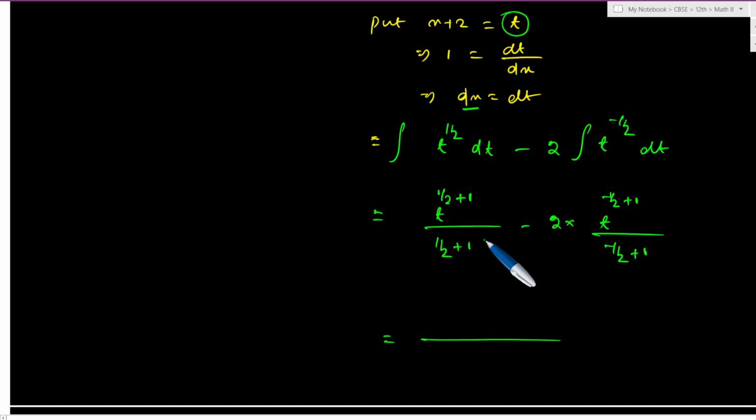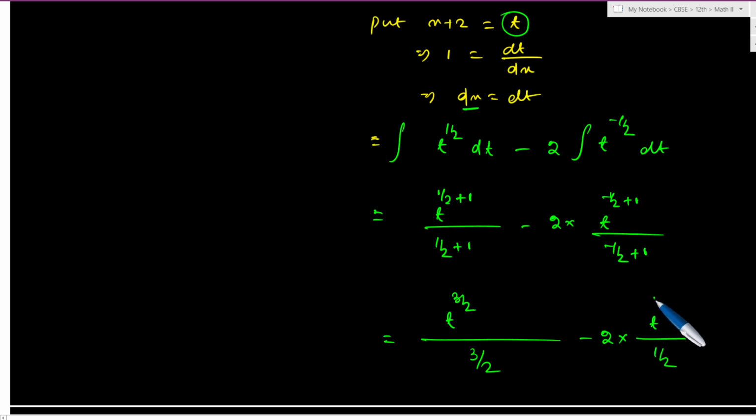Here it is 1 by 2 plus 1, that is 3 by 2. This will become t to the power 3 by 2 minus 2 into t to the power, minus 1 by 2 plus 1 is 1 by 2.